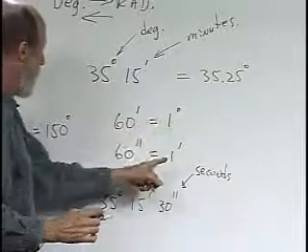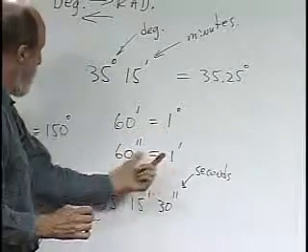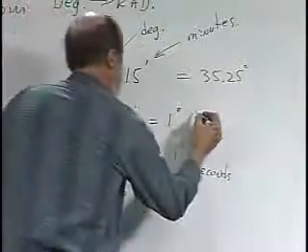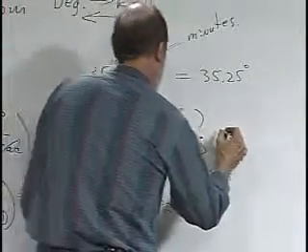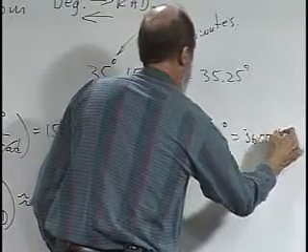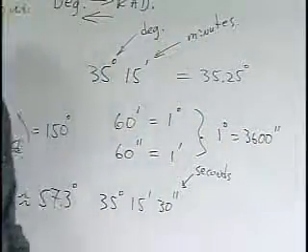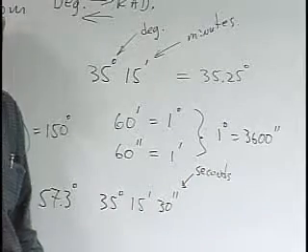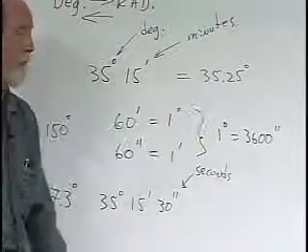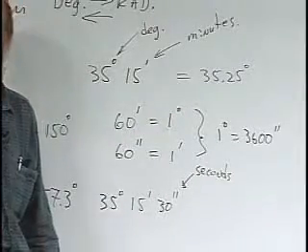So notice the conversion factor back here. There's 60 seconds in a minute. There's 60 minutes in a degree. And so in 1 degree, there are 3,600 seconds. Just like in an hour of time, there are 3,600 seconds in an hour.